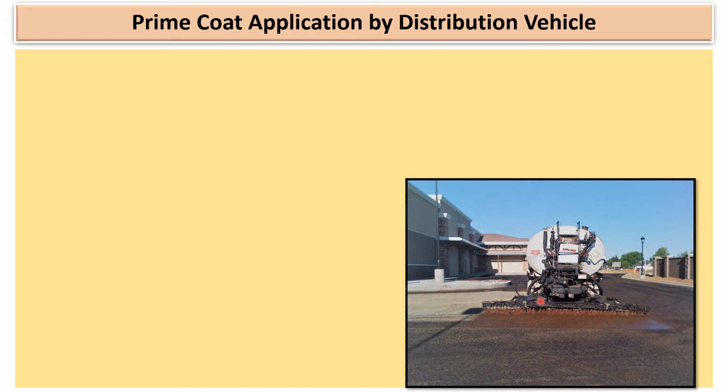A typical asphalt distributor has components like liquid bitumen tank, heating system, circulating pumping system, filter screen, spray bar fitted with nozzles for spraying activities at the backside, hand sprayer, control and gauges.